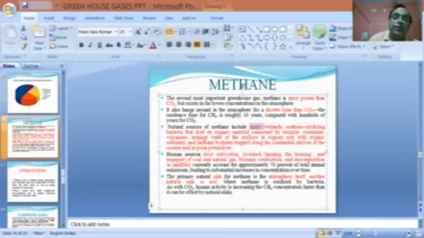Now, there is a natural sink of methane too. The atmosphere diffuses the methane, and methane disintegrates too, and that's why methane is not that dangerous, although it is contributing a lot due to its potency to contribute more to global warming. Its short life and its natural sinks are dampening its greenhouse effect.